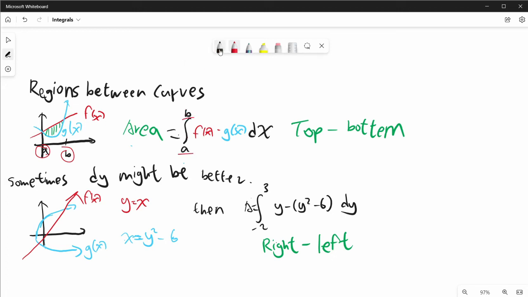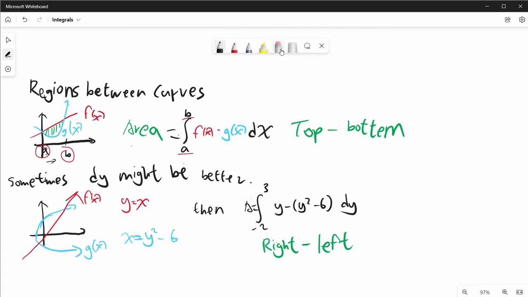And for these, we want to do top minus bottom. So for x, dx, if we're going in this direction, the limits are going from a to b on the x axis, then we want to do the top equation, in this case f of x, minus g of x, the bottom equation, and integrate that, and you'll get the area in between, right?